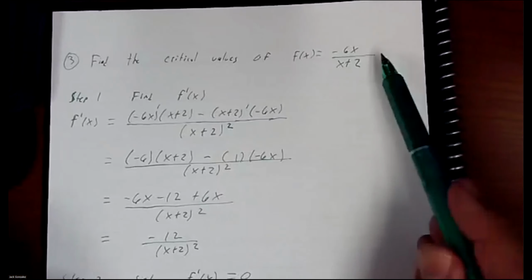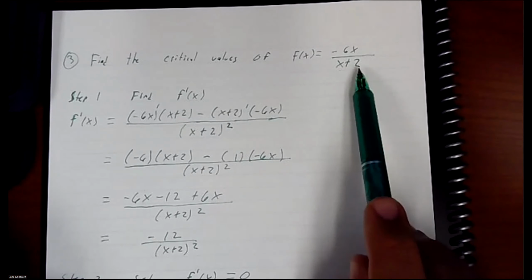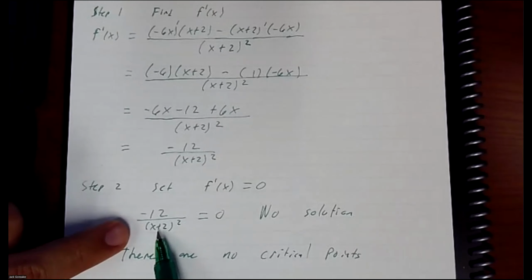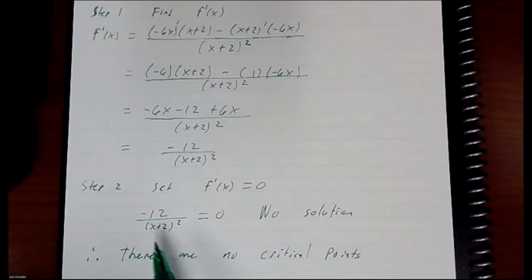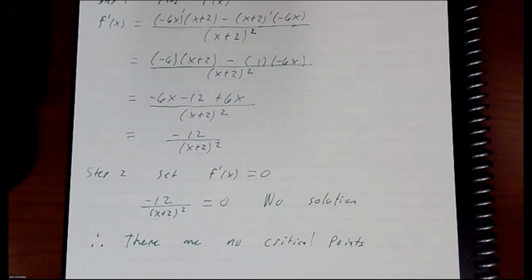Right here we have the same division by 0, so it's not defined here and it's not defined there, so it doesn't count. But if there was an asymptote only in the second part, then we would say there's a critical value at negative 2. But that's not the case here. So you would just say there's none for question 3.